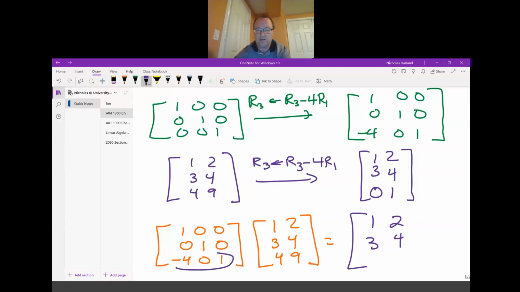As for the third row times the first column, well, what does that do? That takes -4 times 1 and adds it to just the 4 that was already there. In other words, it takes -4 times the first row entry and adds it to the 4. Exactly what the row operation did.